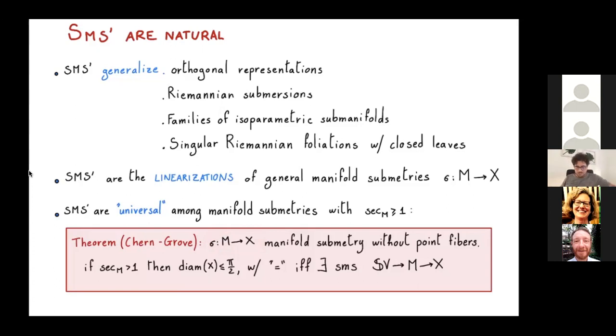So in some sense, the largest you can get is in the case of a spherical manifold submetry. As a matter of fact, for me, these two points are conceptually the most important things that make spherical manifold submetries interesting to study.